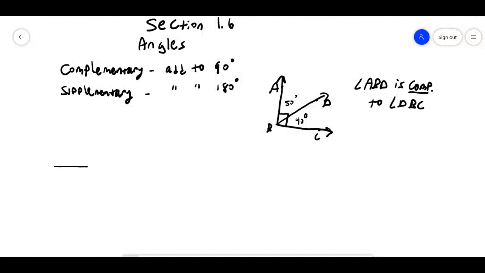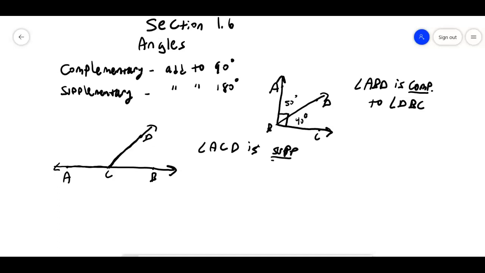For supplementary, usually what you're going to see is something like this, like a straight line, because remember a straight angle is 180. So let's call this A, B, C, and D. Okay, so for example, angle ACD, so this angle here, ACD, is supplementary to angle DCB.